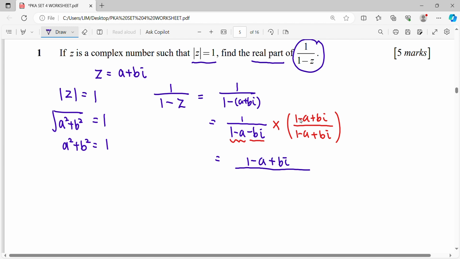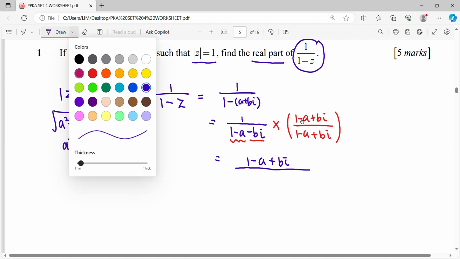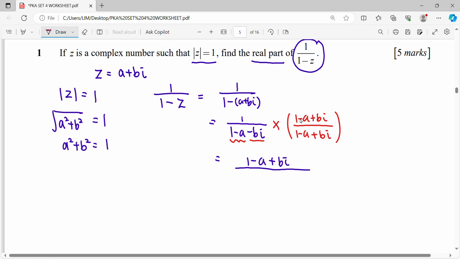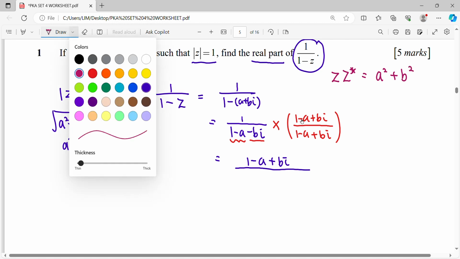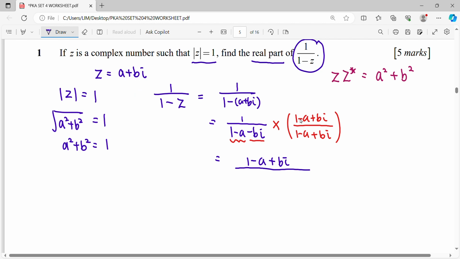For the denominator part, actually we have a formula. When you have a complex number times its conjugate, we can straight away do real part square plus b square. So we can simplify instead of expanding one by one.